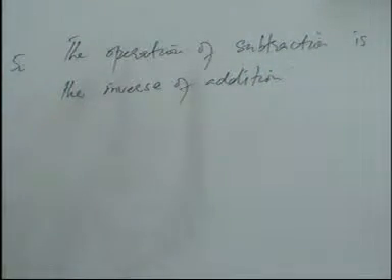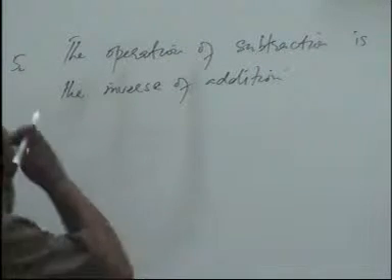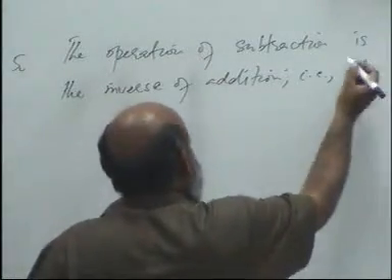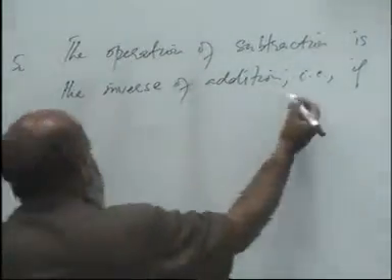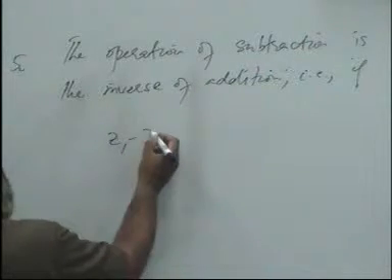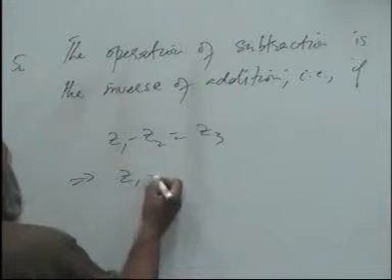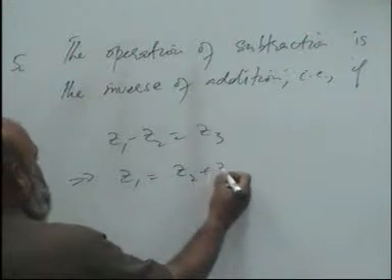Just like in case of real analysis, in case of real variables, we have Z1 minus Z2 is equal to Z3, then we can write Z1 as Z2 plus Z3.